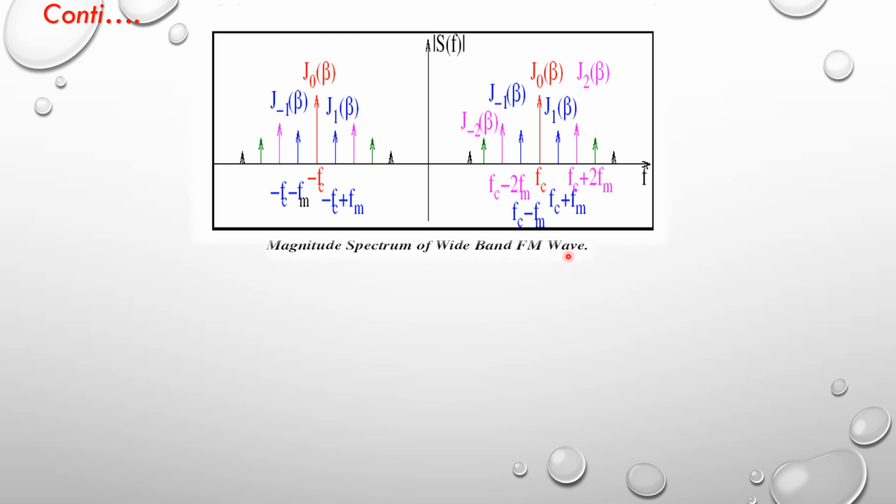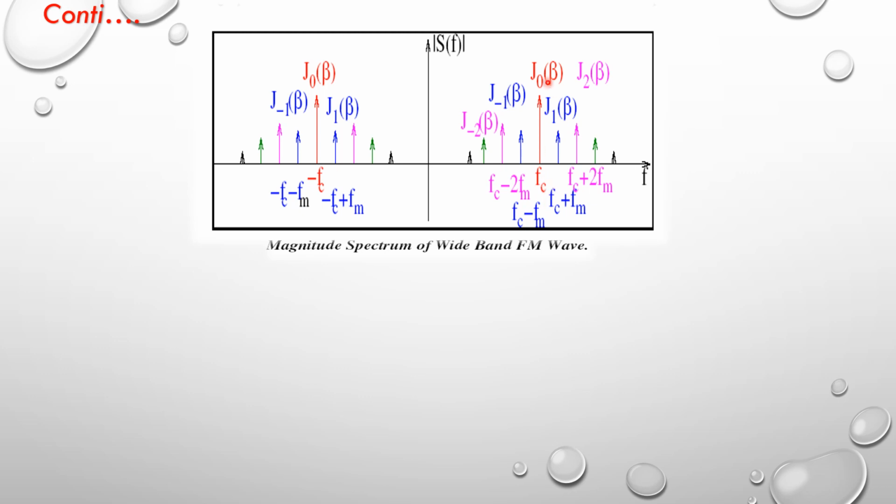The wideband FM wave consists of multiple sidebands and multiple amplitude levels. Here the references are the carrier frequencies fc and minus fc. The first upper sideband is fc plus fm, the second upper sideband is fc plus 2 fm, and the next one is fc plus 3 fm. The lower sidebands are fc minus fm as the first one and fc minus 2 fm as the second one. The S of f equation consists of Bessel functions, and the amplitude levels depend entirely on the Bessel function values.